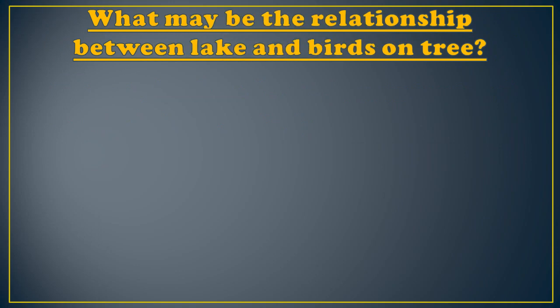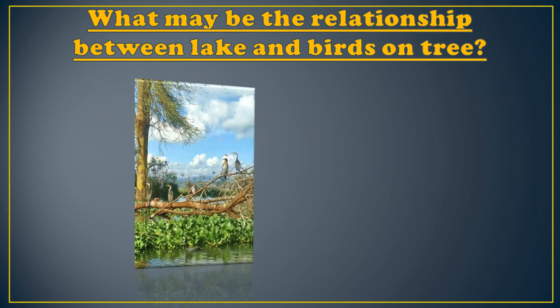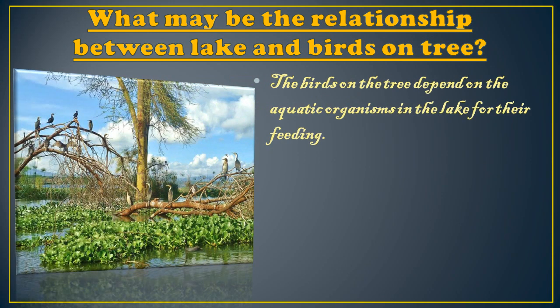Alright, now the next question: what may be the relationship between a lake and birds on a tree? This is a beautiful picture showing the relationship between the lake and the birds on the tree. The birds on the tree depend on aquatic organisms in the lake for their feeding, like fishes, different plants and different types of organisms present in the lake.